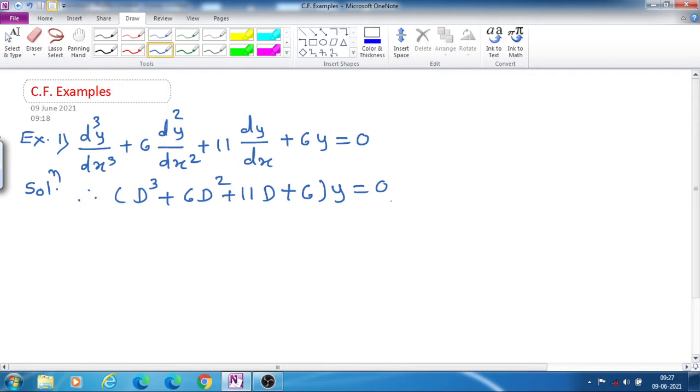Since on right hand side of the equation there is 0, so only we have to find complementary function and not particular integral.